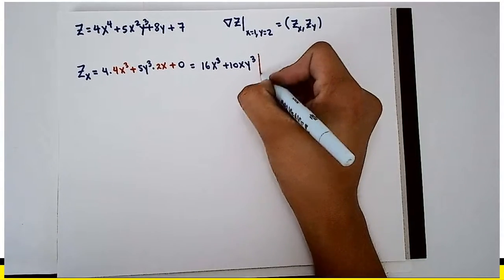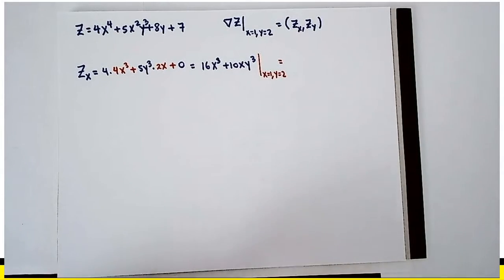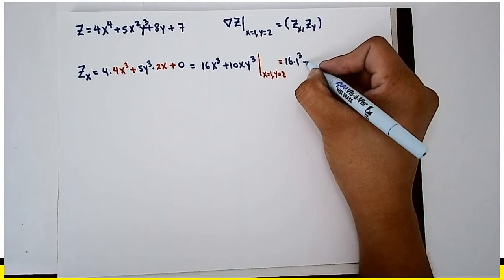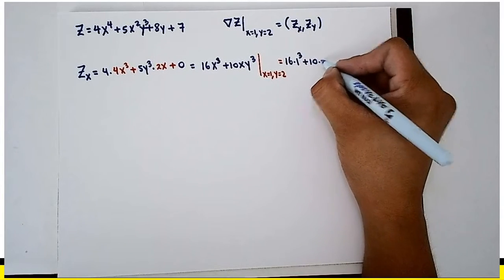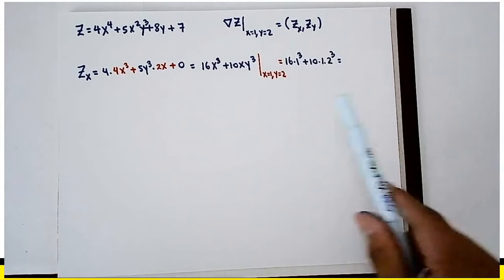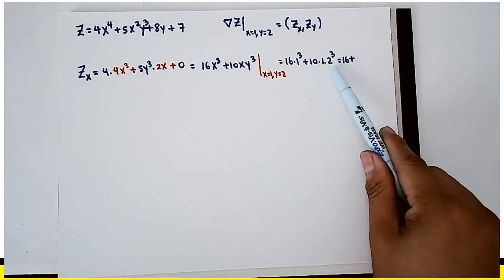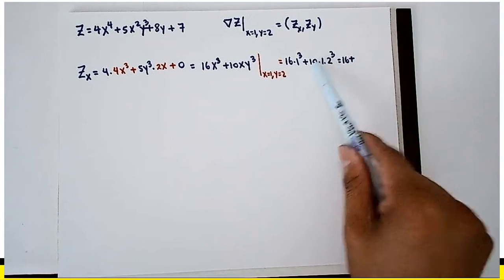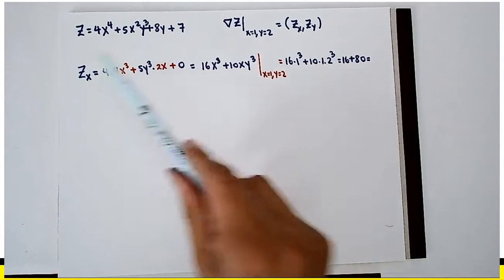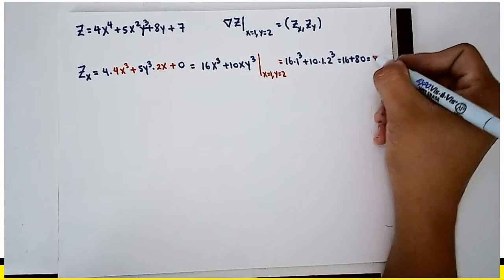Then we just need to replace the values for x equals 1 and y equals 2. So this is 16 times 1 to the cubic plus 10 times 1 times 2 to the third. Notice that here is 16 plus 2 to the third is 8 times 10 is 80. So the value of the partial derivative using x equals 1 and y equals 2 is 96.